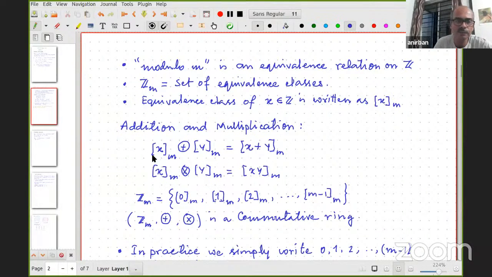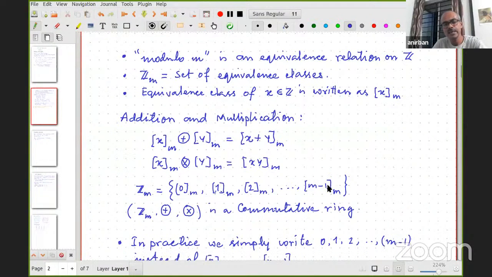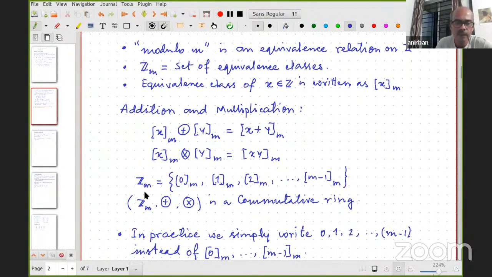They are defined so that if one class is represented by x and another by y, then the sum of them is represented by x plus y, and here also xy. So Z_m, the set of all equivalence classes, can be written like this. All of this is just to make sure that we are using the same notation, essentially to standardize the notations for these lectures.